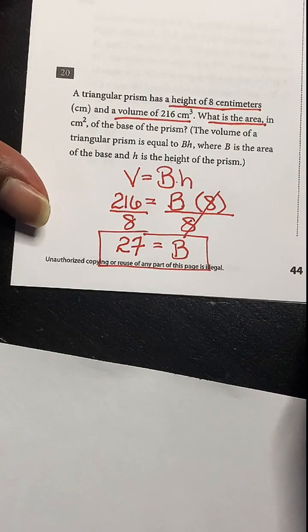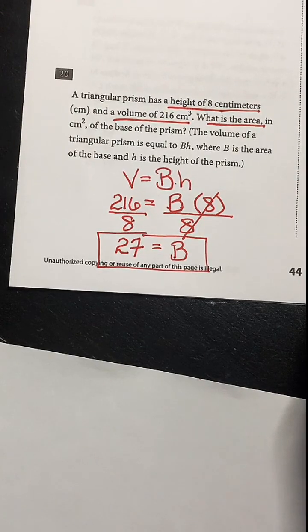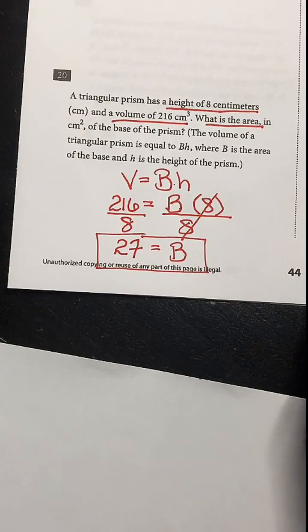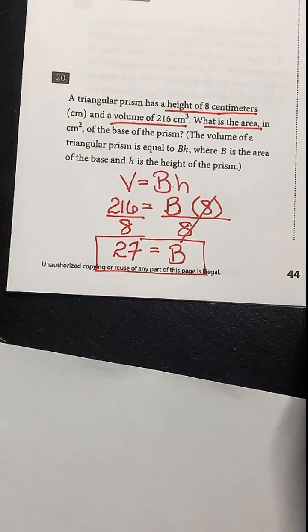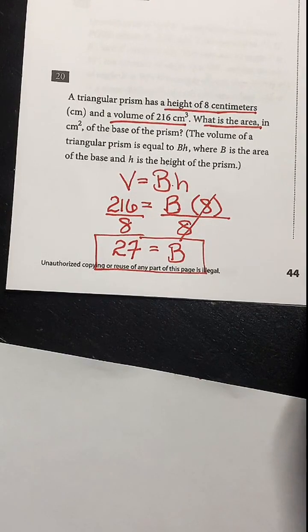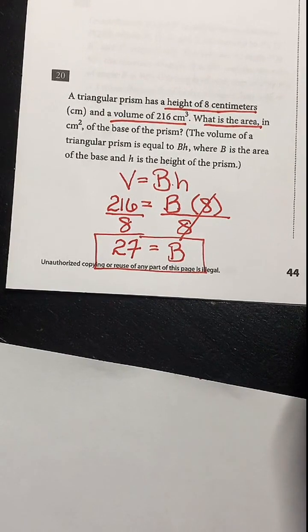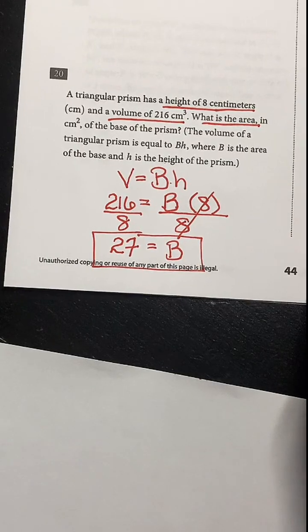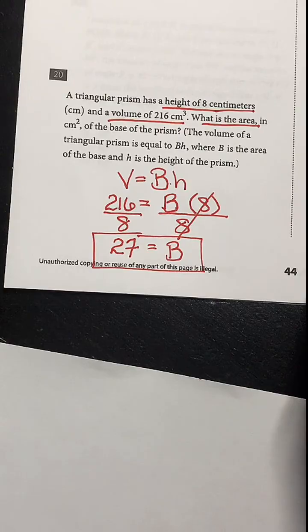Anytime you're dealing with area, you're dealing with squares. If you're dealing with perimeter, it's just the unit, like centimeters, inches. But if you are dealing with area, you're dealing with the squaring. If you're dealing with volume, you're dealing with the cubes.